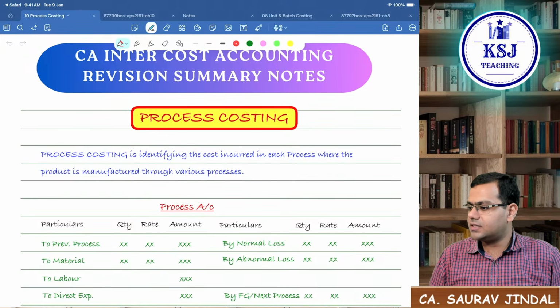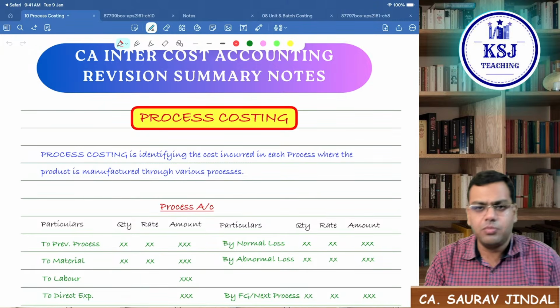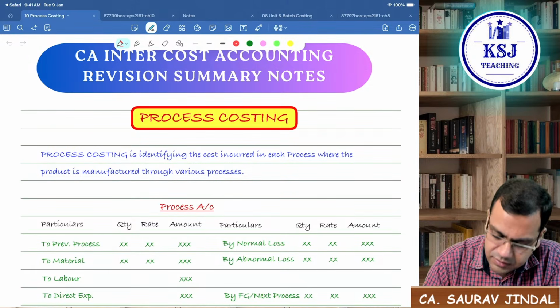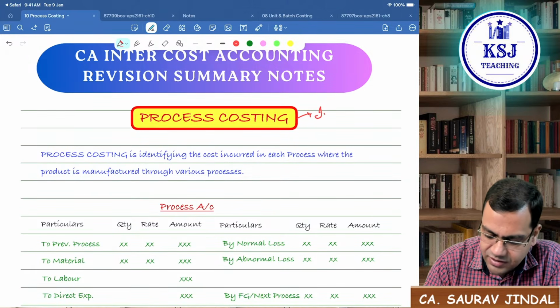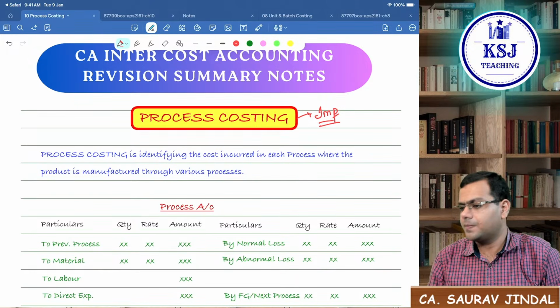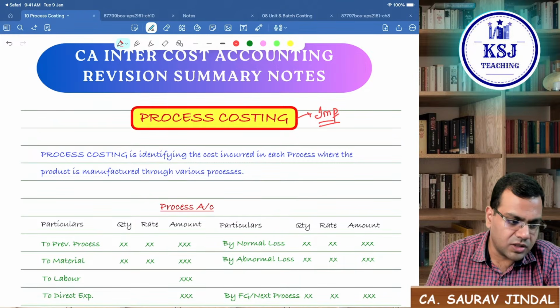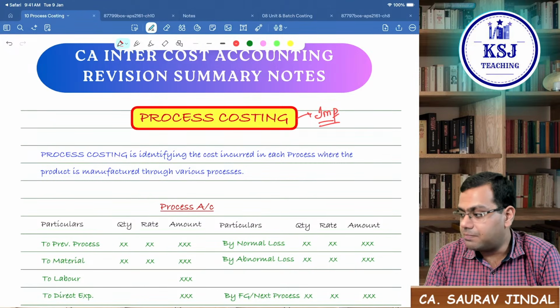Okay, so let's start with our session on process costing. Again, a very important chapter, but extremely interesting and I would say not that difficult, isn't it? First and foremost in process costing, where is it applicable?